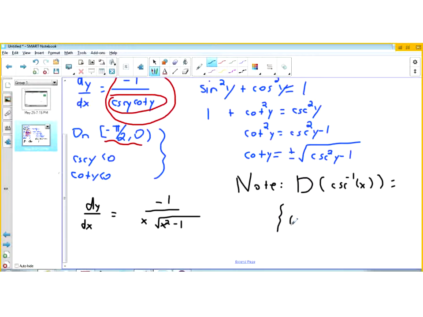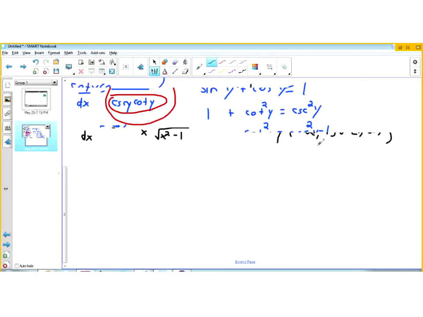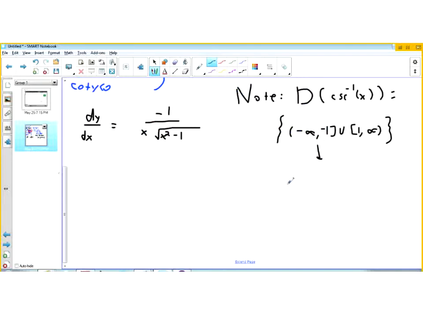So there's an important calculus lesson here. -infinity up to -1 inclusive, union 1 to infinity. So this is the domain of the arc cosecant function. And so this also happens to be the domain of the derivative of the arc cosecant function.